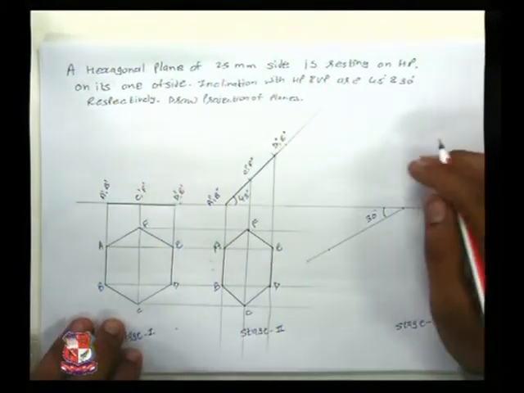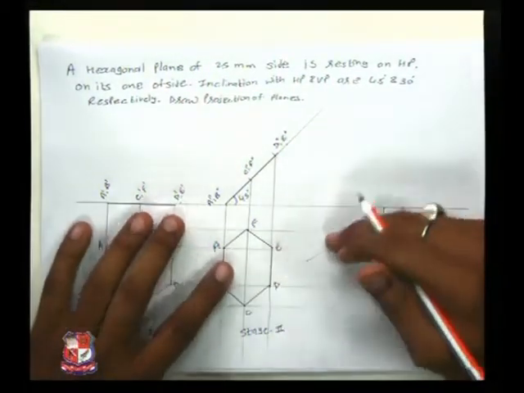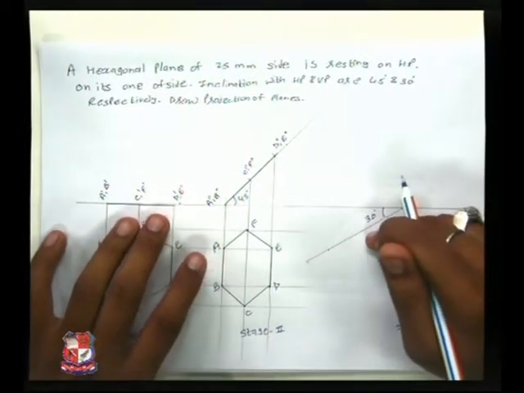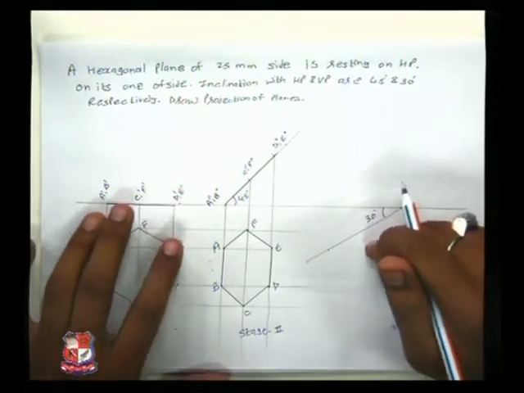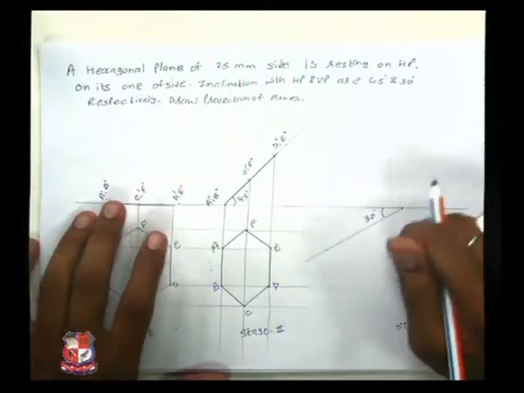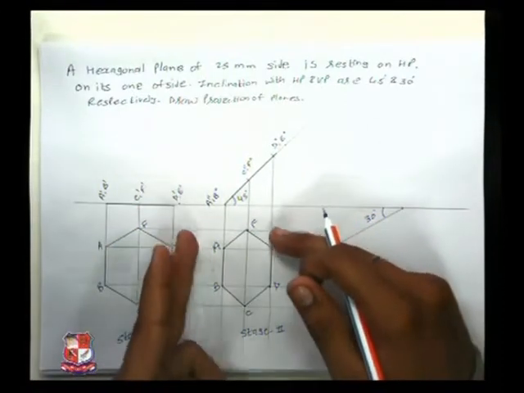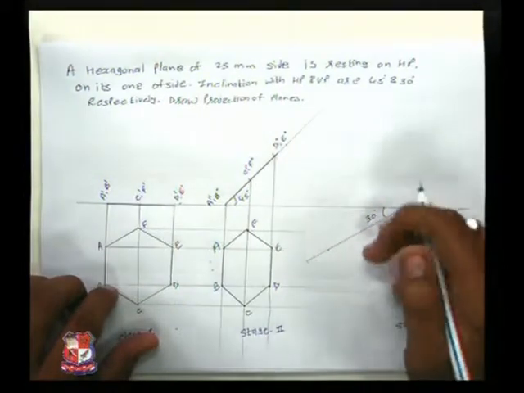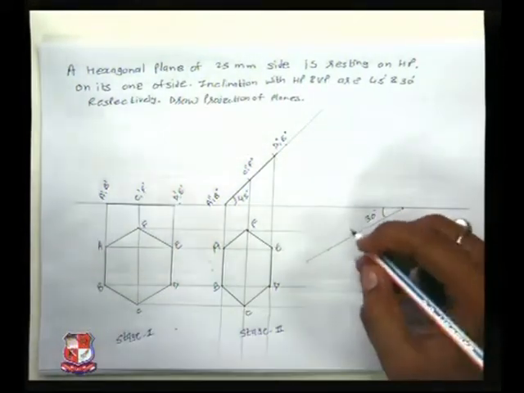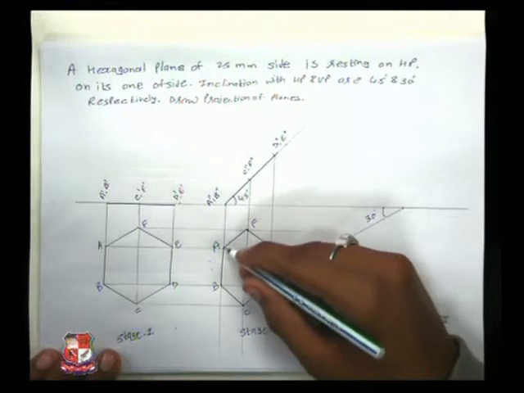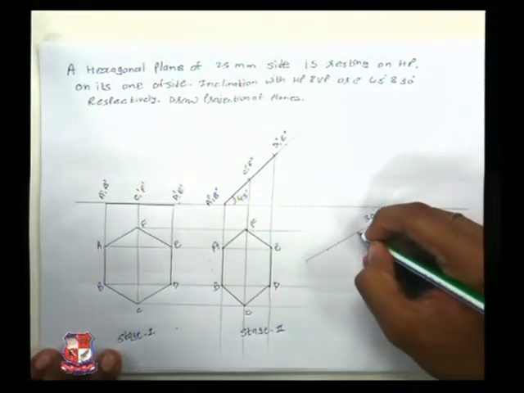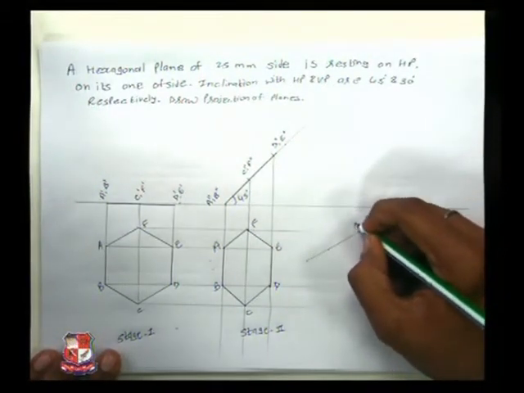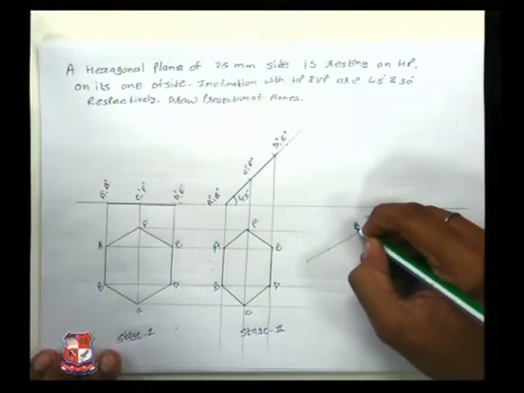Now I need to take the replica of this hexagon over here. It is like I have just turned this hexagon 30 degrees to VP. So what I need to do, I have got point A. I am just putting point A anywhere.